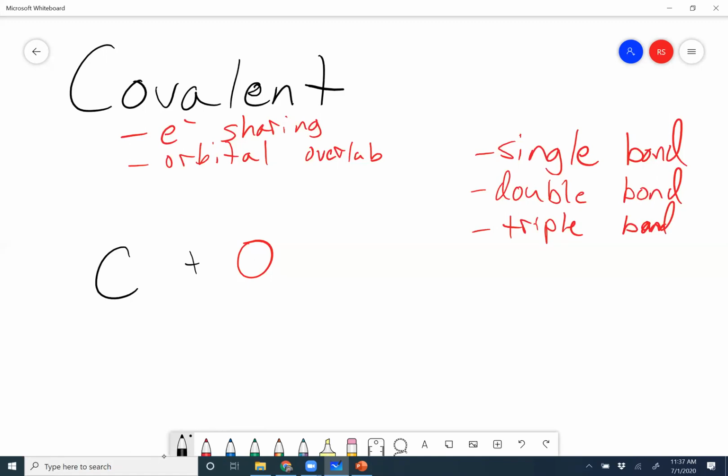So if we look at our dot structure here, carbon has 4 available bonding electrons, and oxygen has 6 total valence, but only 2 bonding electrons.